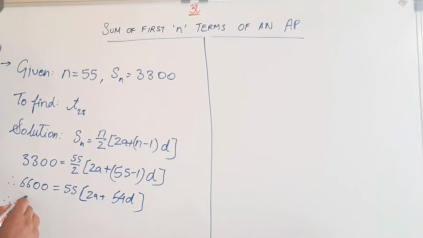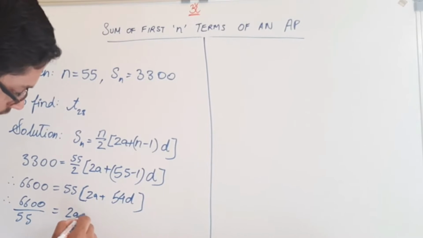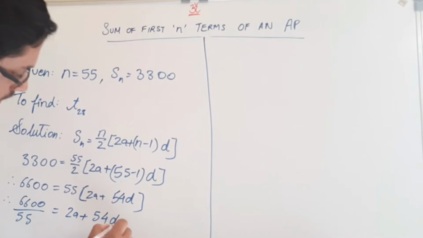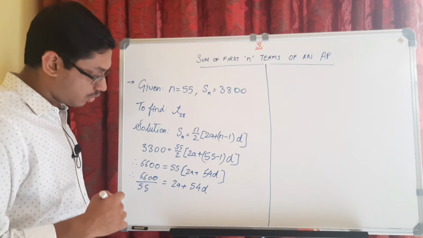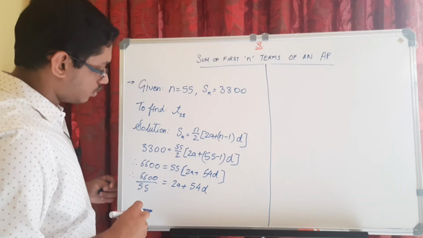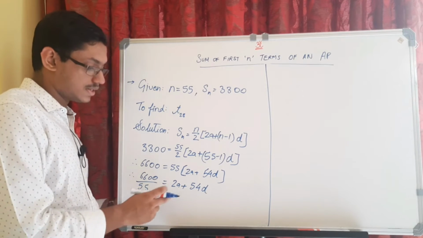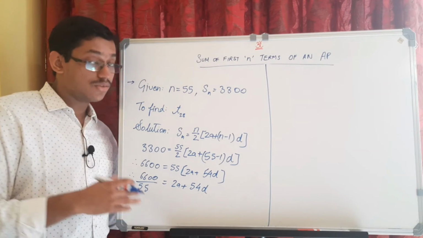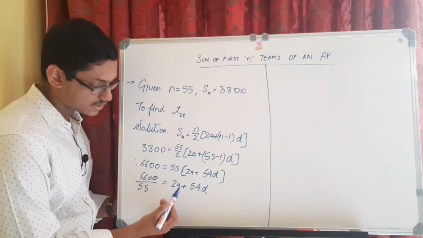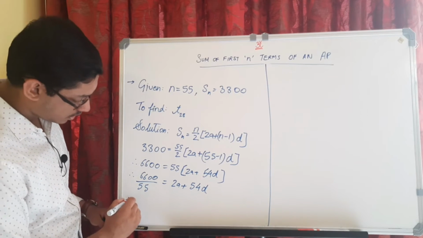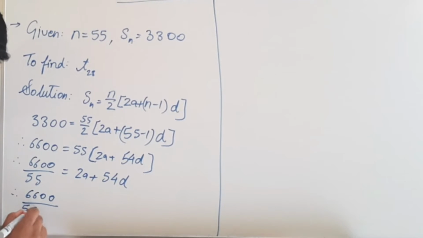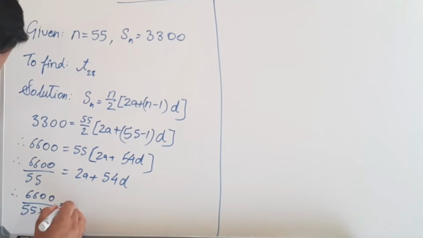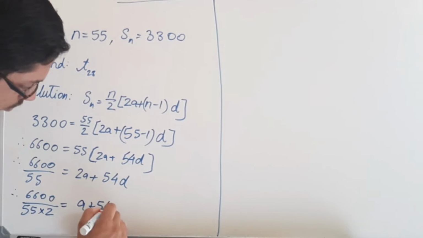Therefore divide it now. 6600 by 55 is equals to 2a plus 54 d. Okay. Now what we have to do is simplify this also. 2a plus 54d is given, we can divide it by 2. Therefore 6600 by 55 multiplied by 2 in the denominator is equals to a plus 27 d.